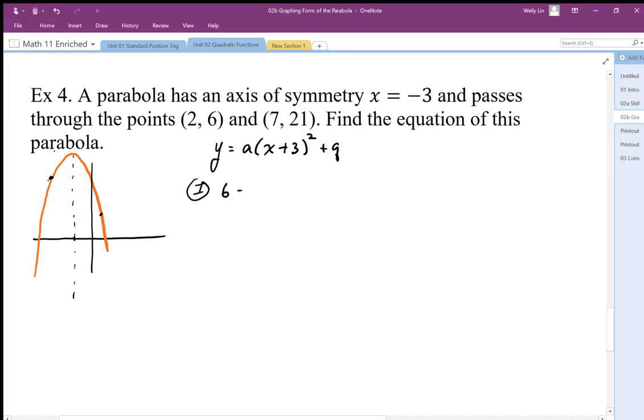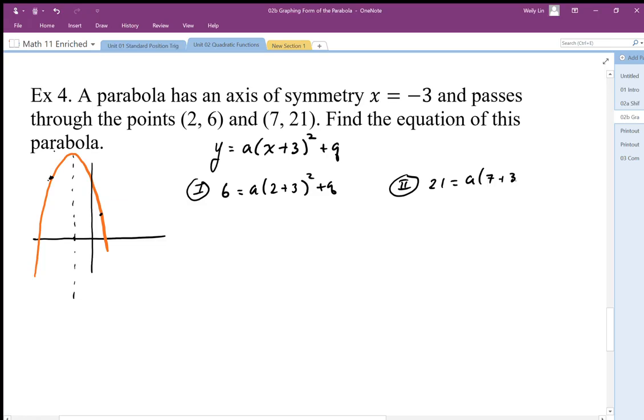One equation is going to be generated by substituting in 2 and 6. My second equation is going to be generated by plugging in the 7 and 21. This is not +5, it's +3.